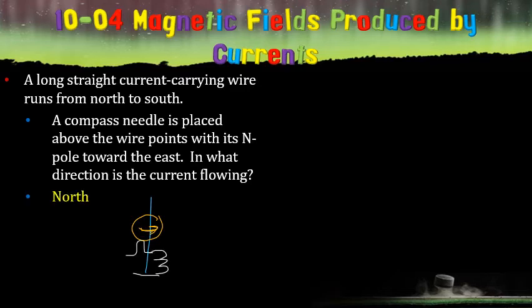So grab the wire with your fingers going in the direction of the magnetic field. So your fingers above the wire, so on your side of the wire, are going towards the right. That'll make your thumb point up. So that means the current is flowing towards the north.